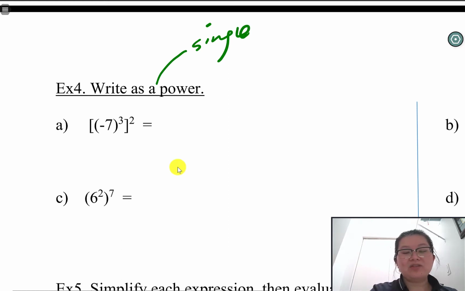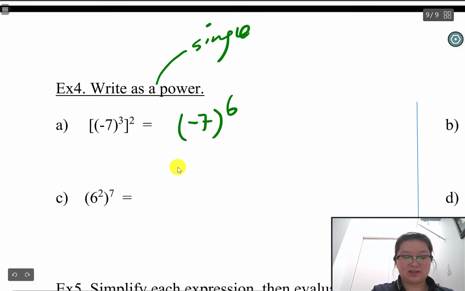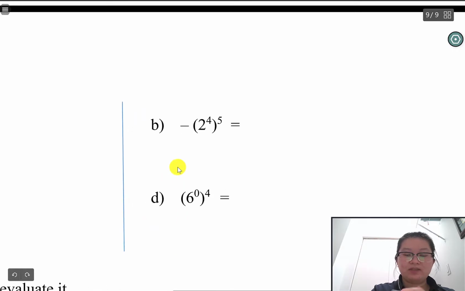If I had to write this out, this would be -7 inside these brackets raised to a single power. And if it's a bracket, we need to take the 2 and multiply by the 3. So that's -7 to the power of 6. Notice it doesn't even say to evaluate, so let's skip that.